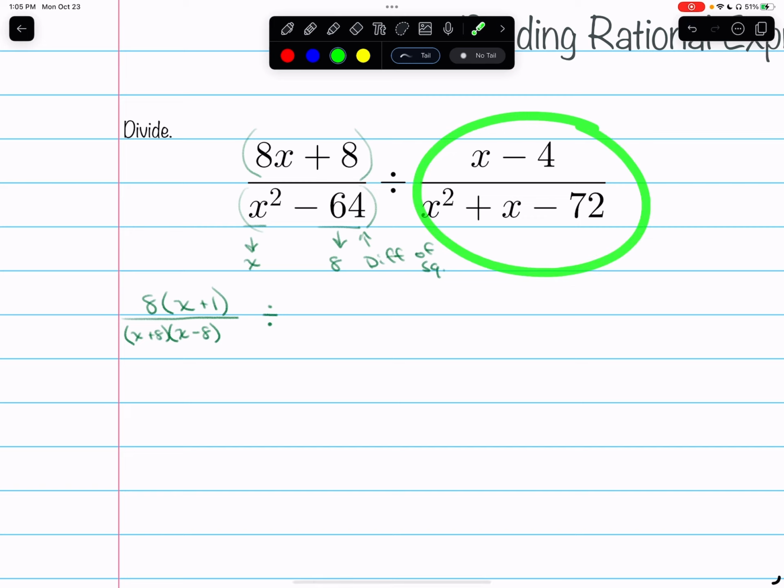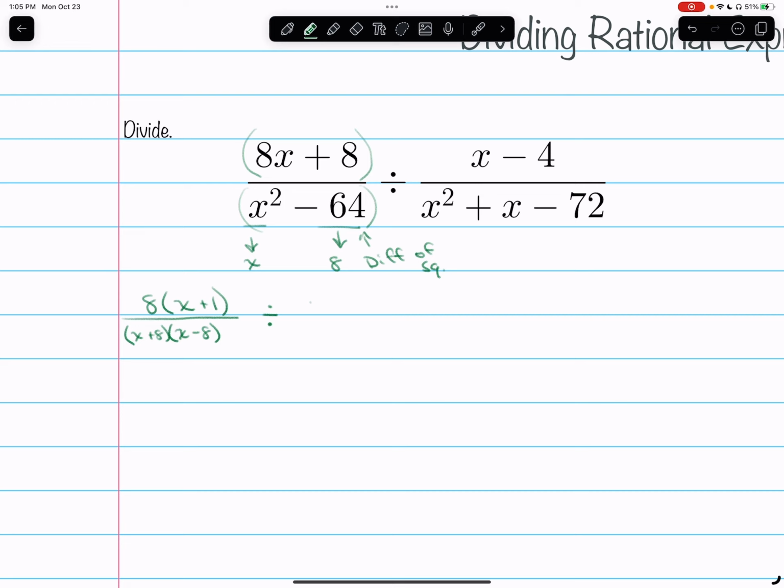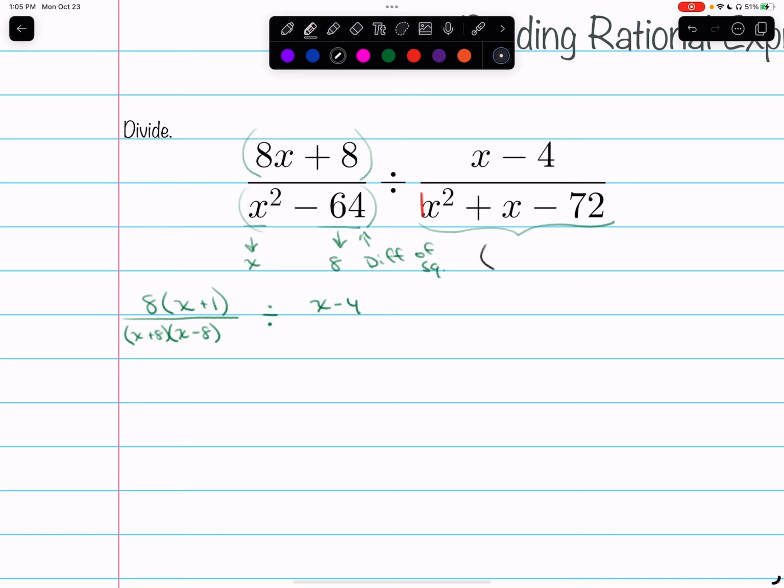And then we're going to divide that with, now we're going to take a look at our next fraction. X minus 4, can't really do anything with that, so I'm just going to leave it alone as x minus 4. However, this guy right here can be broken down. Since I have a leading coefficient of 1, okay, we can do this in our head. Remember, we're going to have two parentheses. We have an x here and an x here. I need two numbers that multiply to equal negative 72, but add to equal 1.